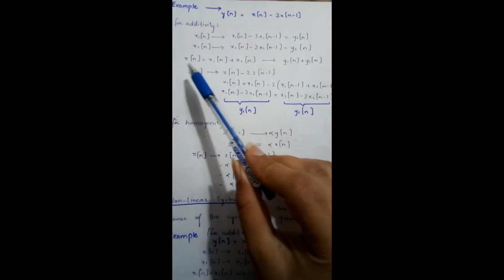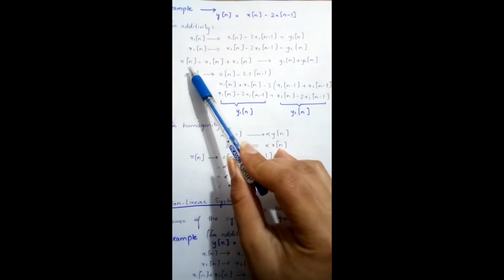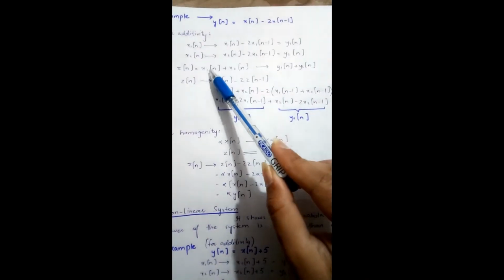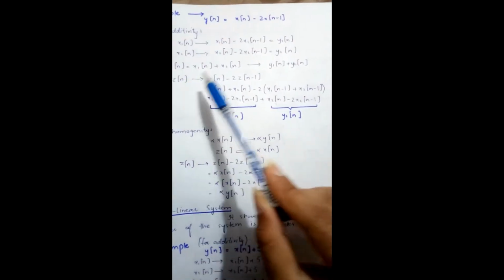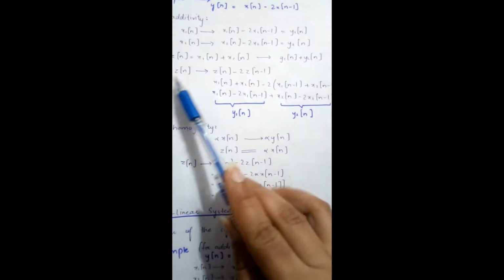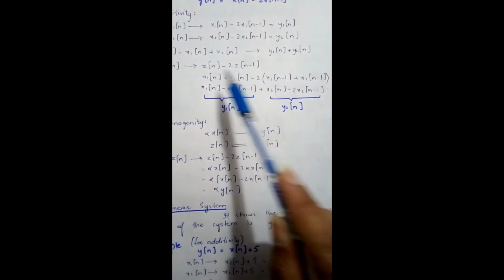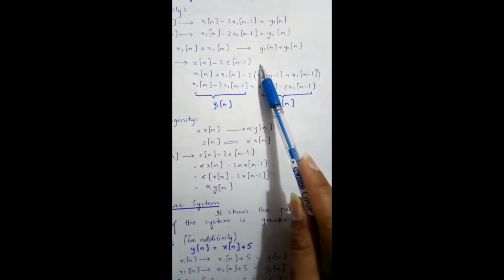Now we let a dummy variable z of n, which is the sum of x1 of n and x2 of n, that is equal to z of n. Now the output for z of n is z of n minus 2 z of n minus 1. For example, this is the input variable, and if we pass it through the system, it will create an output signal, that is z of n minus 2 z of n minus 1.